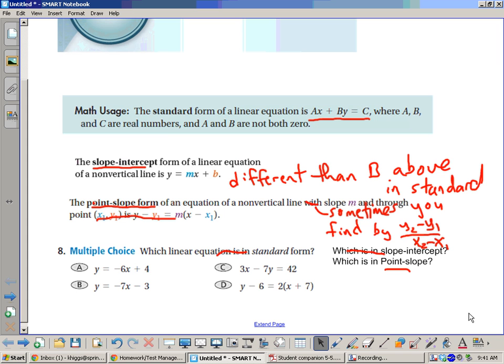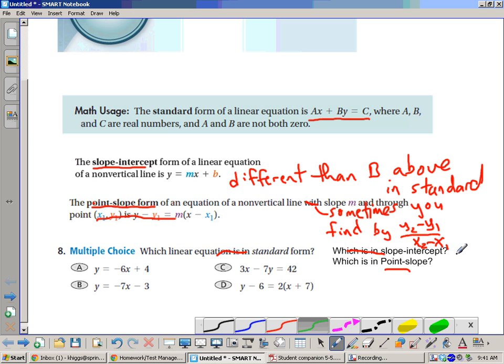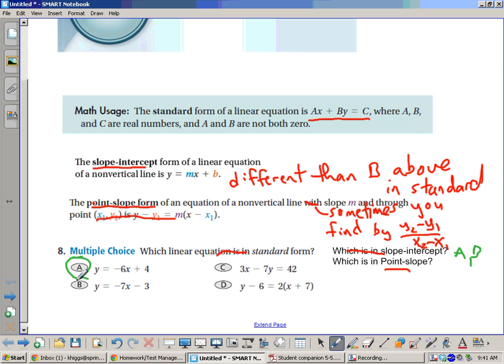There we go. So let's change my color, green. So slope-intercept form is A and B. So the C, I would say, is standard form. So C here is standard form.